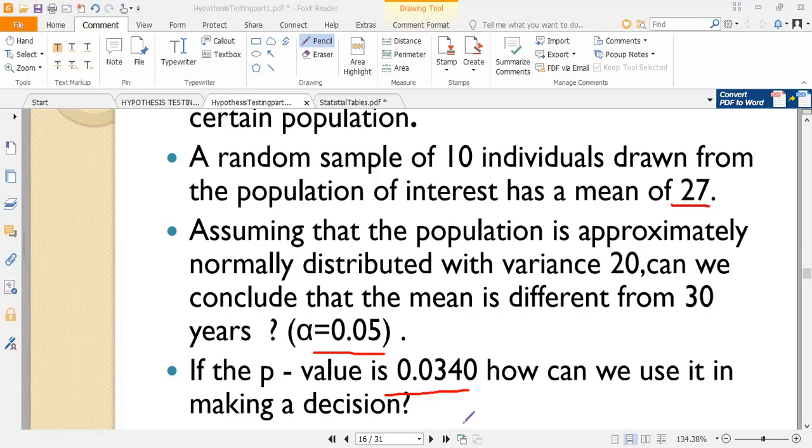Excellent. Additionally, if I may ask, identify for me which one is your mu and which one is your x bar, if there's any. Which ones are mu and which ones are x bar?